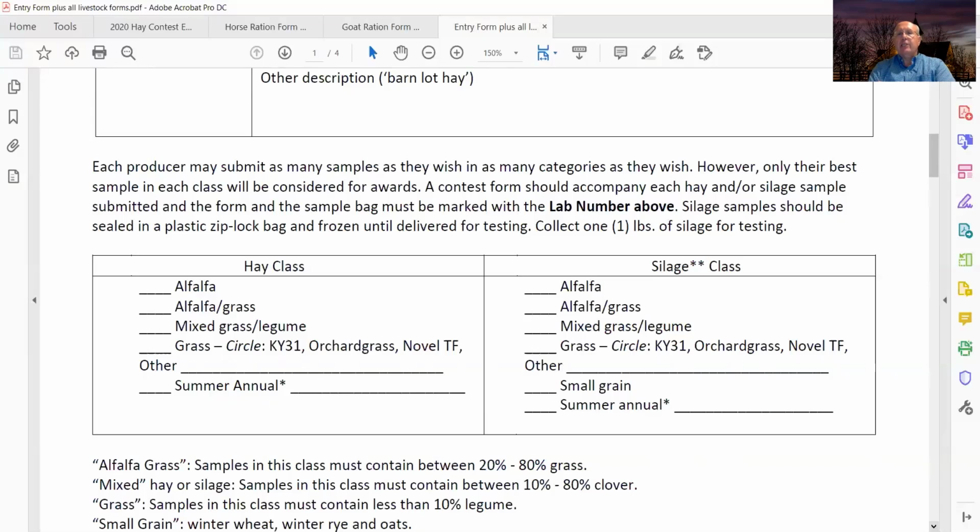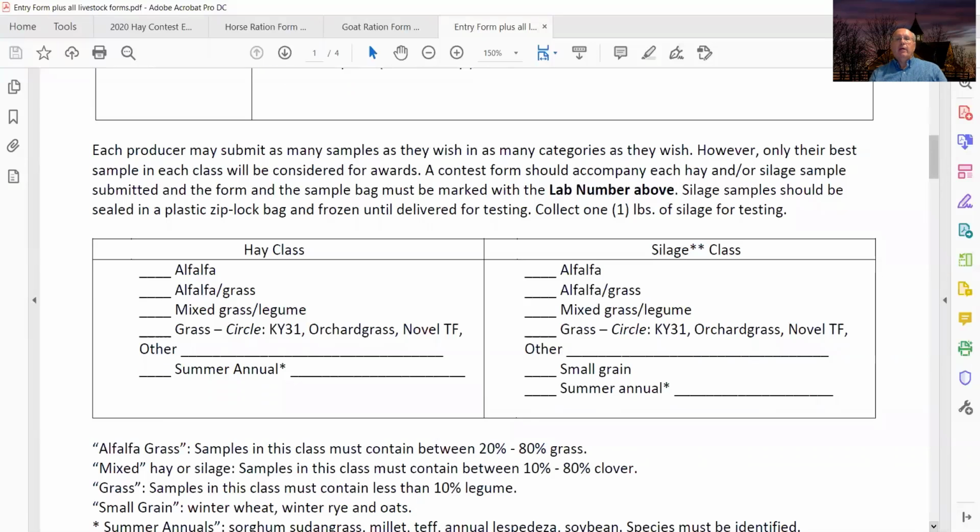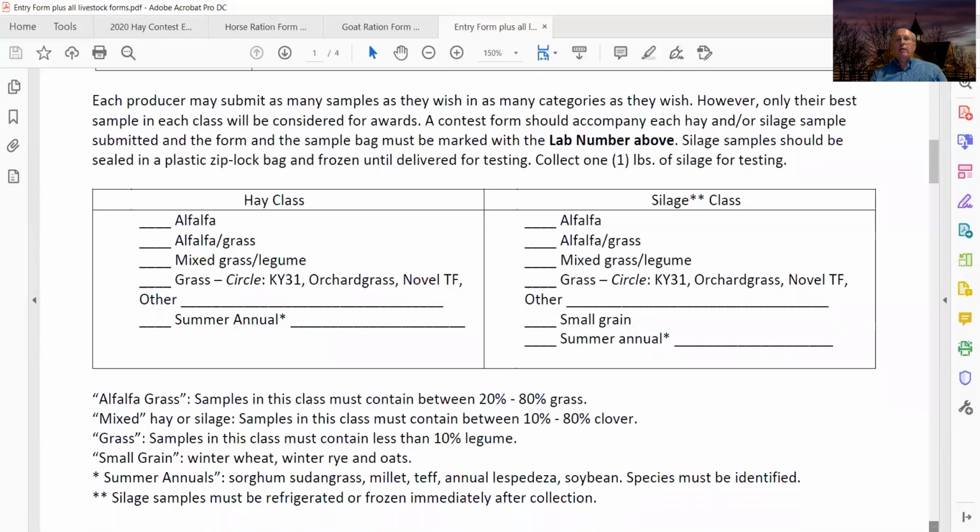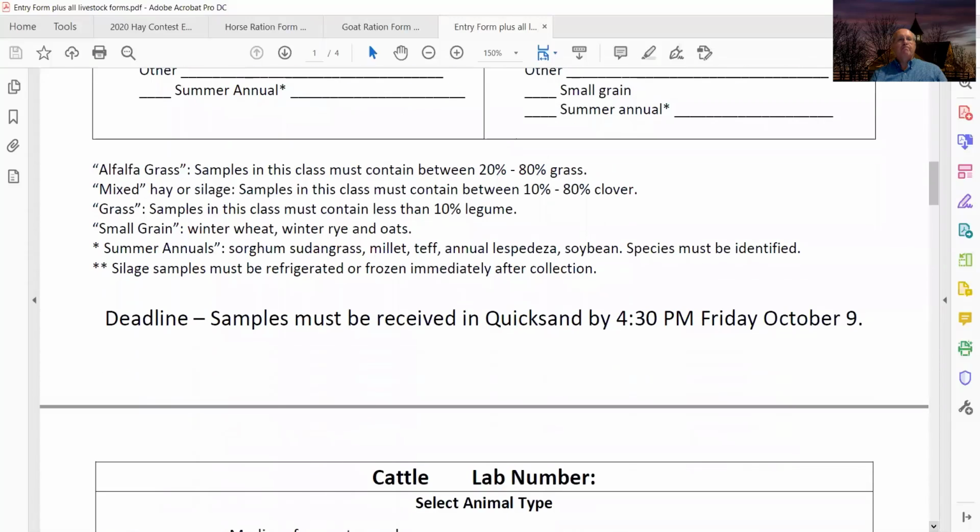Similarly, in the silage class, you would mark alfalfa grass, and so on. In the silage class, we've got a category that we don't have in the hay class, and that is small grain. Now, something that some were unsure of: a producer can enter as many as they want in this hay contest, we call it the broad hay contest.